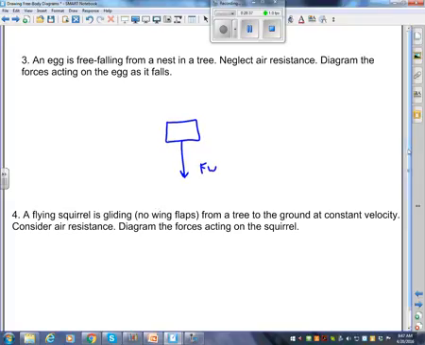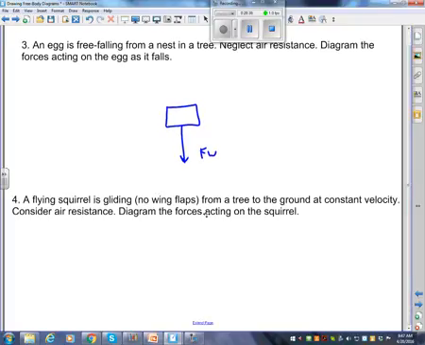Flying squirrel, probably named Rocky. Go ahead. Air resistance, 3 times the friction. Yeah, I just call it friction force. Flying squirrel is gliding, no wing flaps, from a tree to the ground at constant velocity. Consider air resistance, diagram the force acting on the squirrel. Gravity, weight force. He's just gliding.